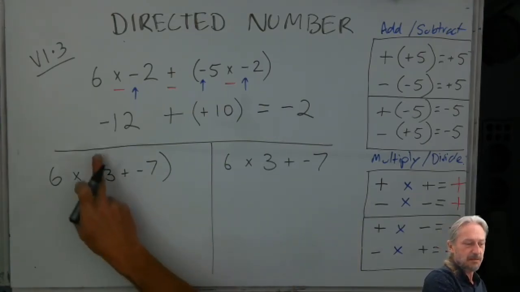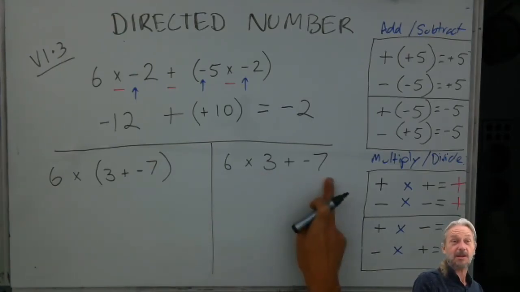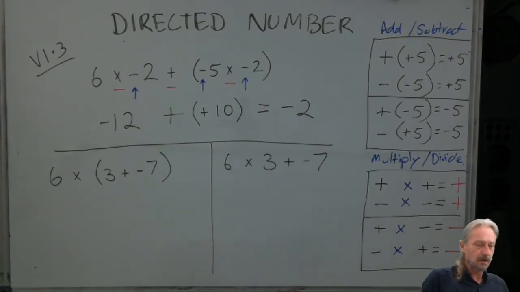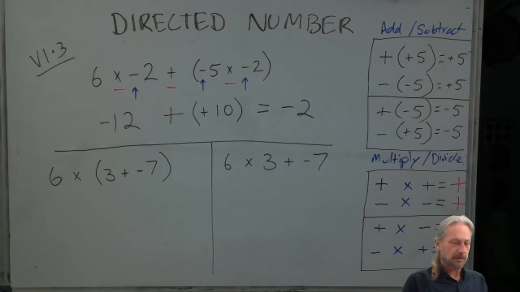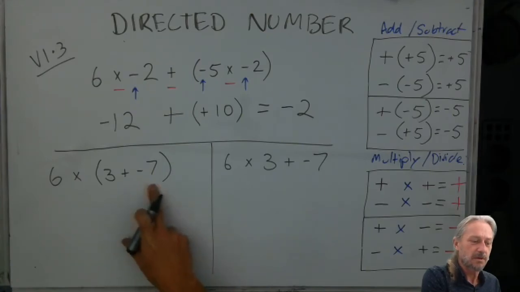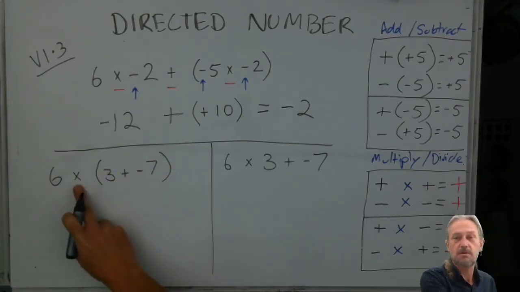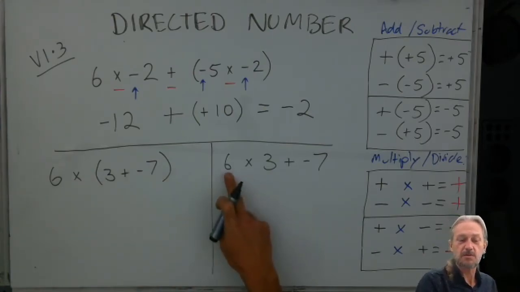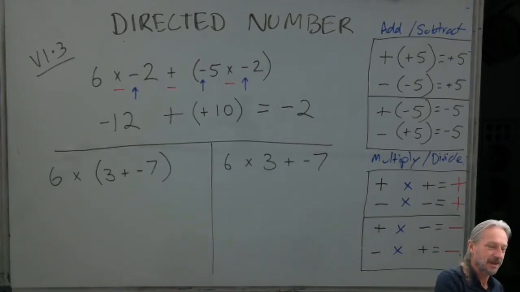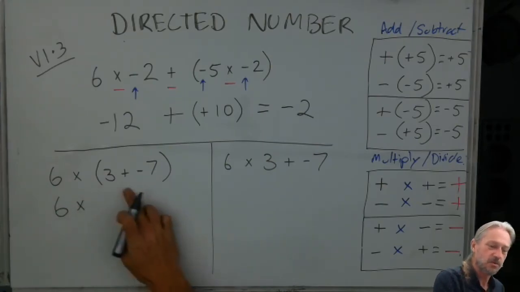The only difference is we've got brackets around this bit here, and we don't have the brackets for this one. So BODMAS, BIDMAS, whatever you say, would tell us that we have to do what's inside the brackets before multiplying. Whereas in this one, we're going to multiply before we do this bit.